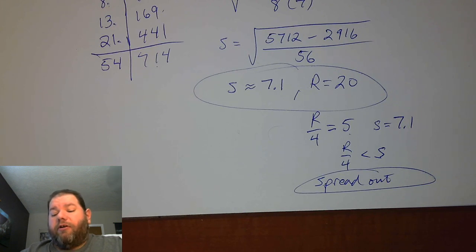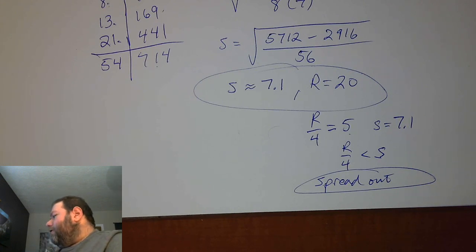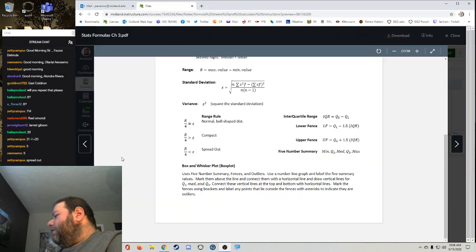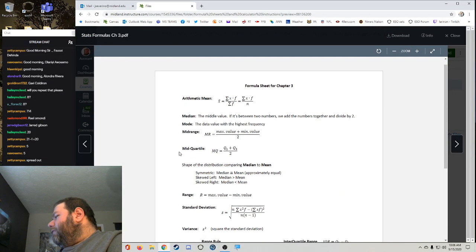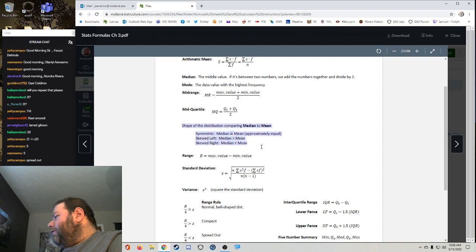And then here we talk about the data, whether it's spread out or if it's compact. Now, let me go back to that document. It's right here. This is something we didn't discuss in class, is how we can use the median and the mean to determine the shape of the distribution.